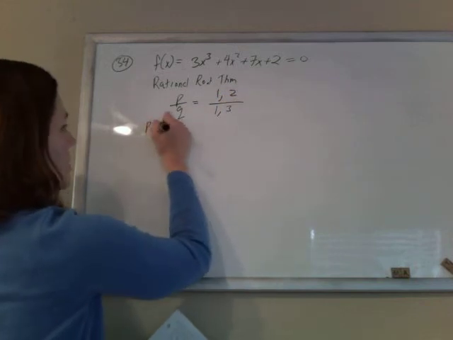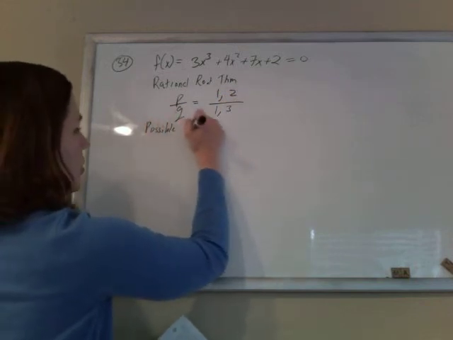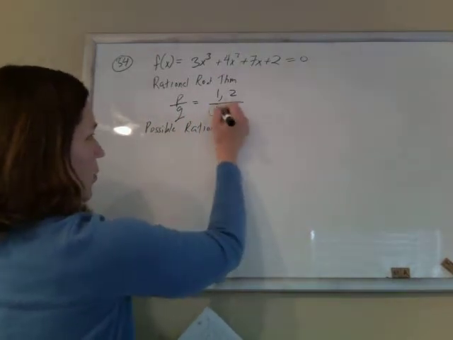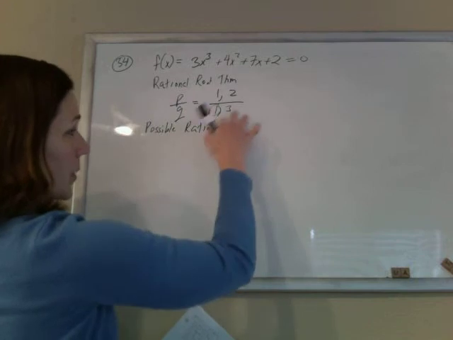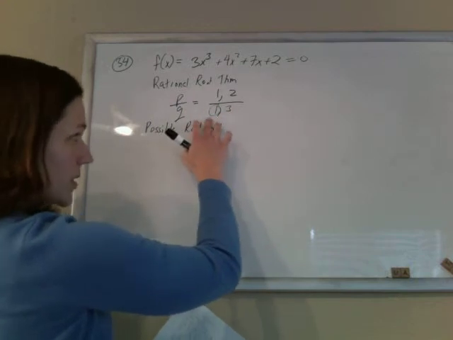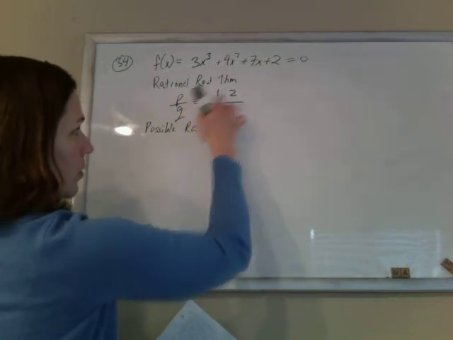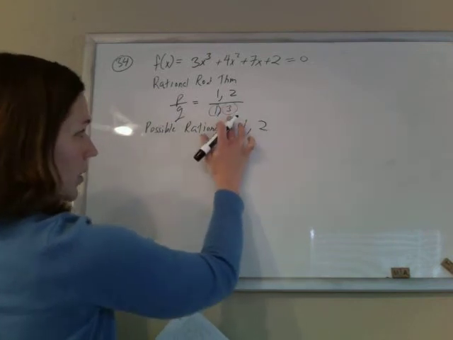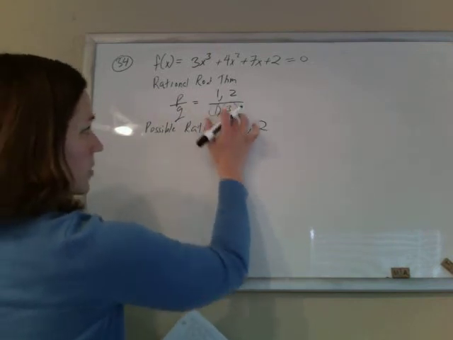So my possible rational roots are, if I chose a 1 as a denominator, I could have 1 over 1 or 2 over 1, so 1 or 2. And if I chose the 3 as the denominator, I have 1/3 and 2/3.